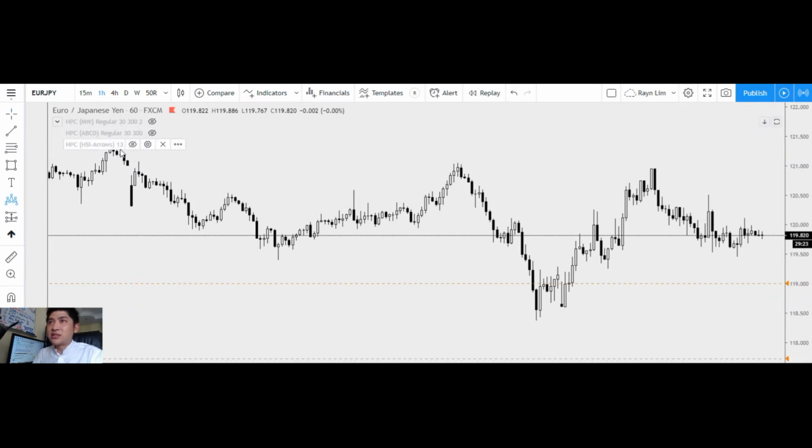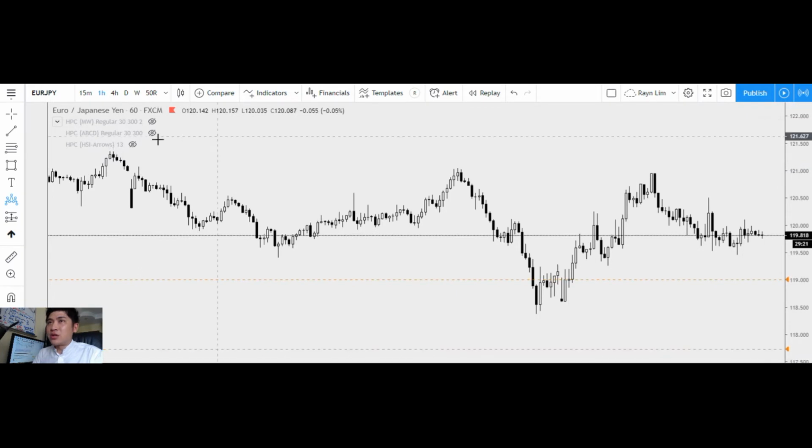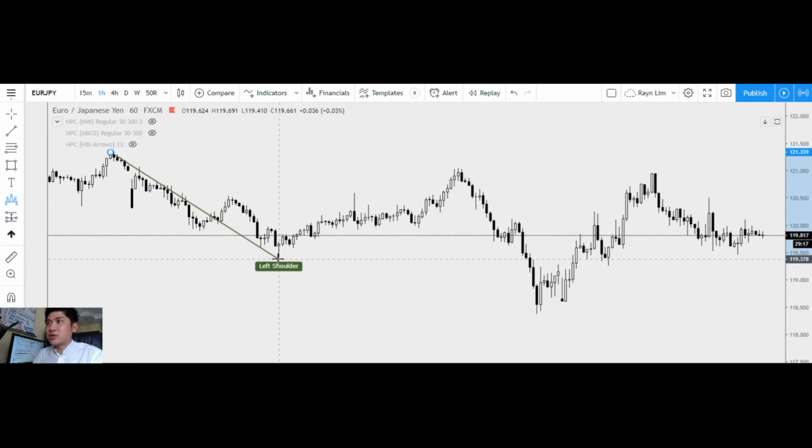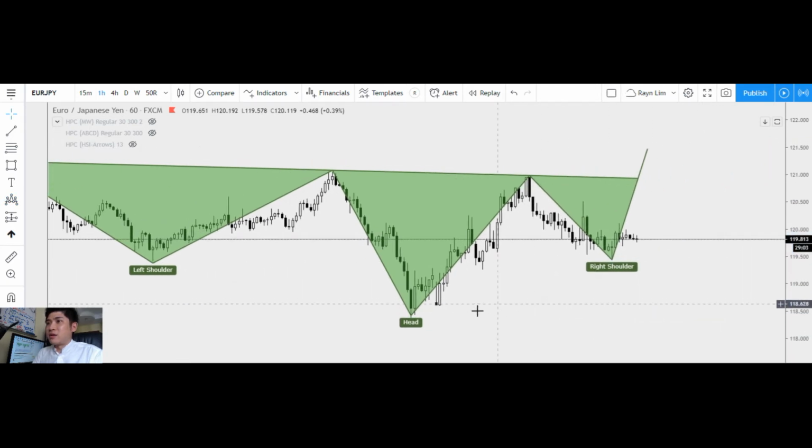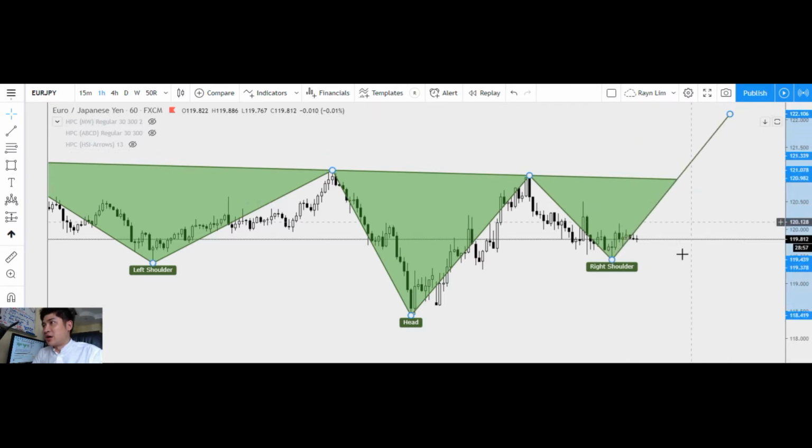All right, so this is the head and shoulder formation. The left shoulder is an inverted head and shoulder bottom. Yeah, this is how it looks, something like this. What is amazing about this head and shoulder is that it does give a very good reward to risk.